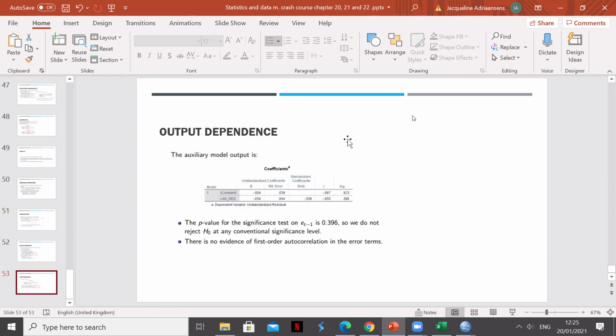Sometimes they ask to test for first order autocorrelation. And correlation, of course, is whether one depends upon the other. So you can make up that it's the error terms depending on the previous error terms. And we say there is no evidence of dependence or first order autocorrelation in the error terms.